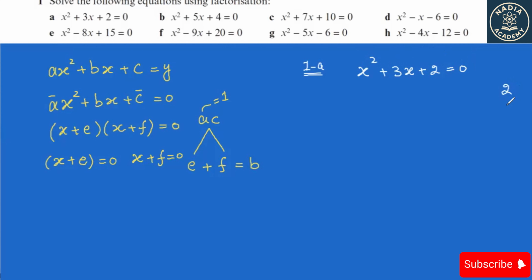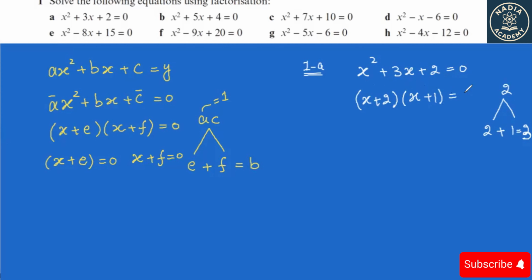Now the factors of 2 that give us an addition equal to 3 are 2 and 1. If we add them up, the answer is positive 3. So now our factors are (x + 2) and (x + 1).